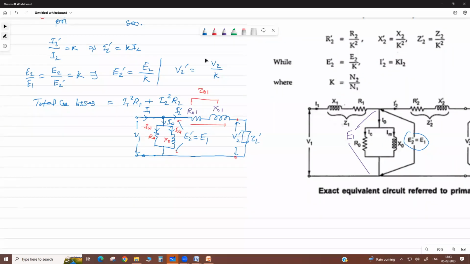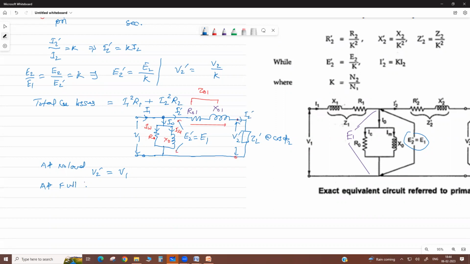Now you know what voltage regulation is: the percentage variation in the terminal voltage from no load to full load. So what is V2 dash at no load? It equals E1, or E2 dash equals V1, correct? And suppose there is a full load at cos phi 2 lagging power factor, this is the load current.